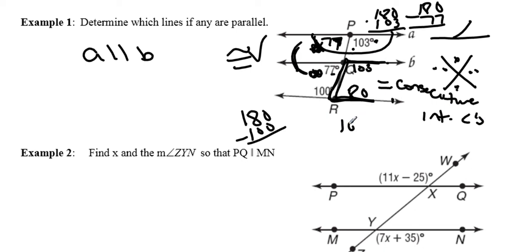Well, 103 plus 80 is 183. That does not equal 180 degrees. So this line B and this line, I'll call it C, are not parallel because consecutive interior angles were not supplementary. So the only ones that we can determine are parallel are lines A and B.